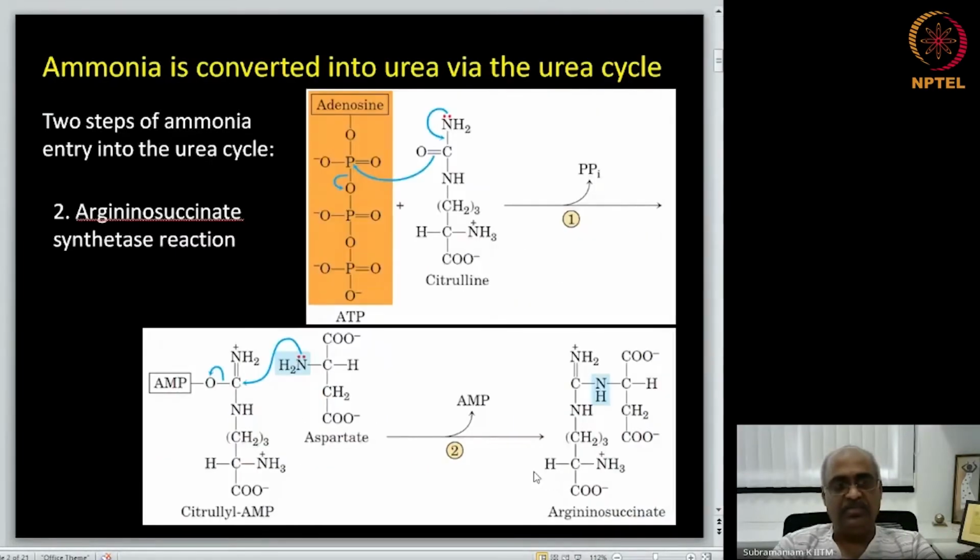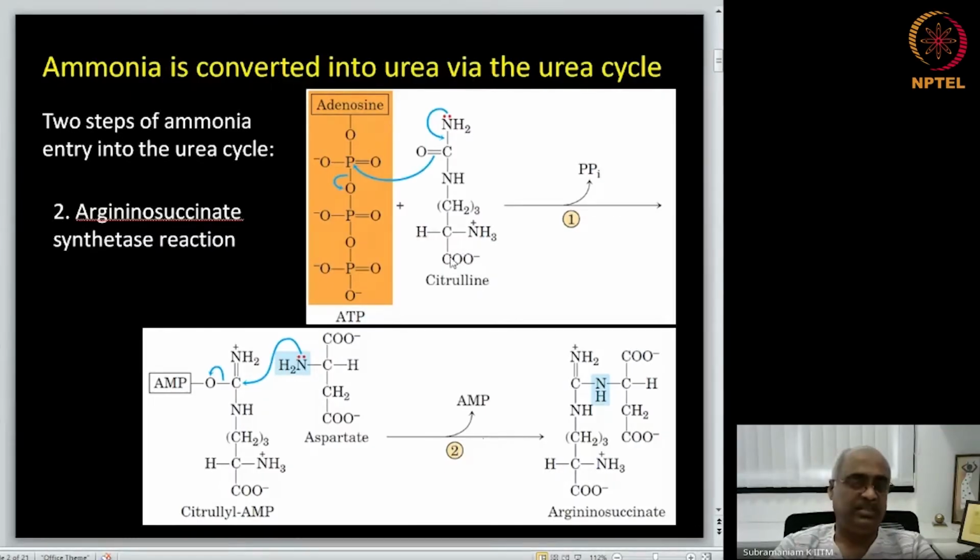The second one happens at another step in the urea cycle, which is entry in the form of aspartic acid. The amino group of the aspartic acid is combined with the citrulline, which we will see in a minute as part of the urea cycle.